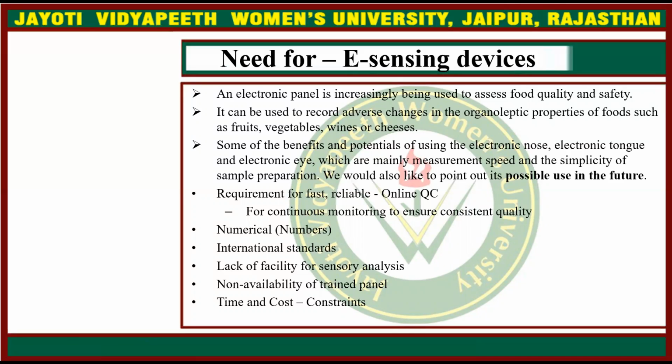We would also like to point out its possible use in the future. Requirements include fast, reliable online quality control for continuous monitoring to ensure consistent quality, numerical values, international standards, lack of facilities for sensory analysis, non-availability of a trained panel, and time and cost constraints.